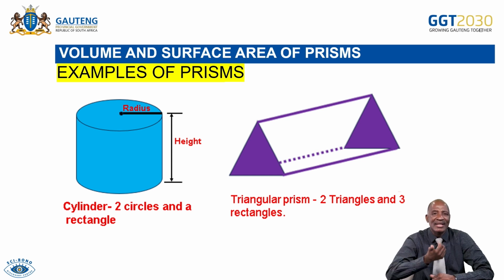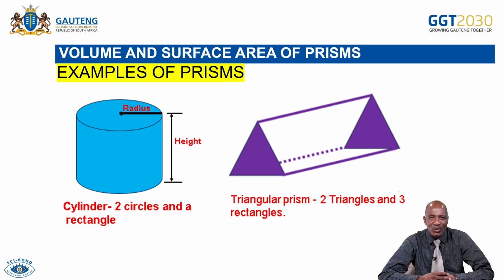It could be an equilateral triangle, it could be a right angle triangle, it could be a scalene triangle. But at the end of the day, if you were to form a shape using those 2 triangles and 3 rectangles, a triangular prism is going to be formed. That's what we mean by a triangular prism. It's made up of 2 triangles on extreme ends and then 3 rectangles.